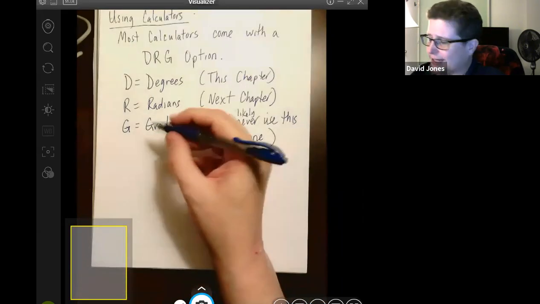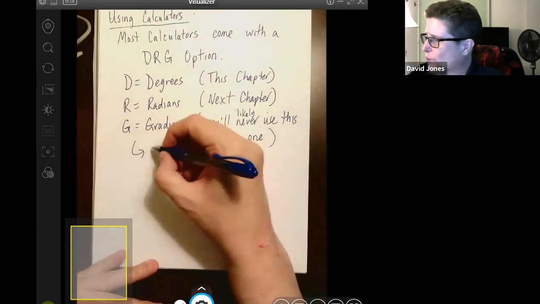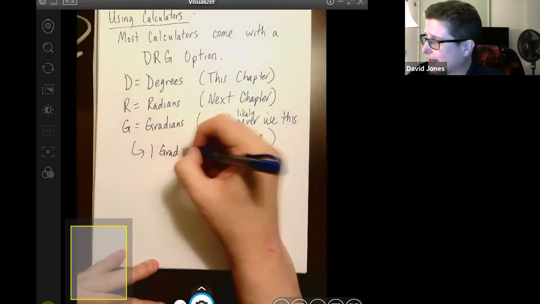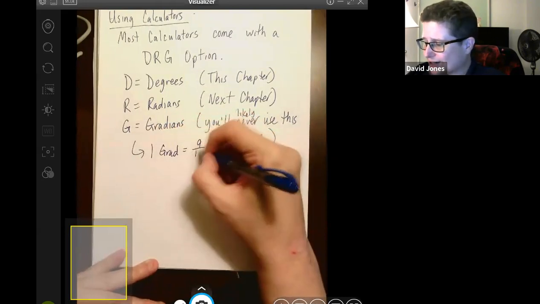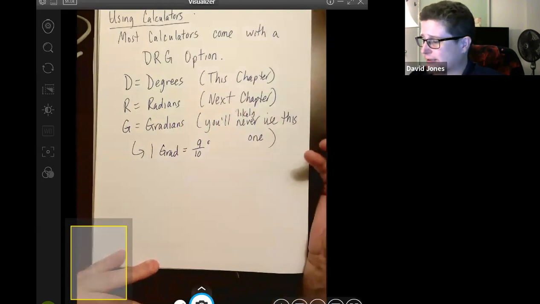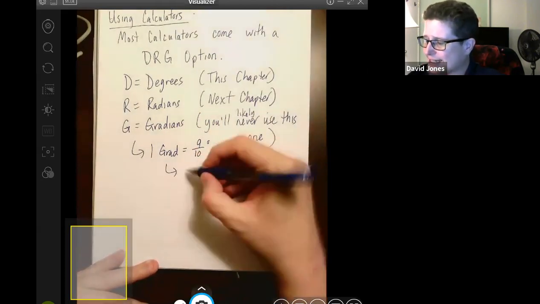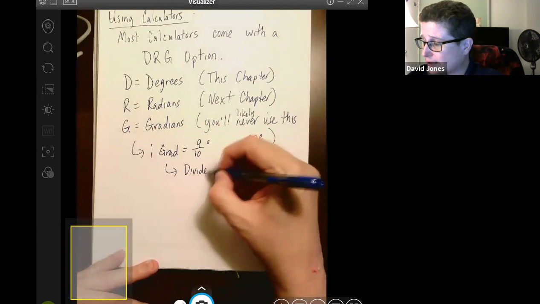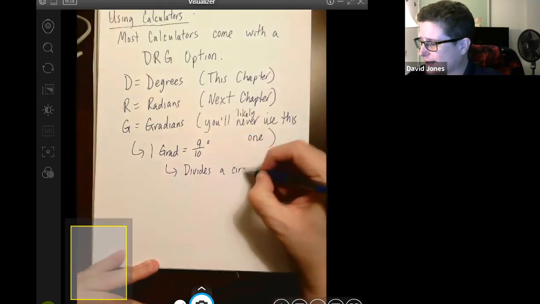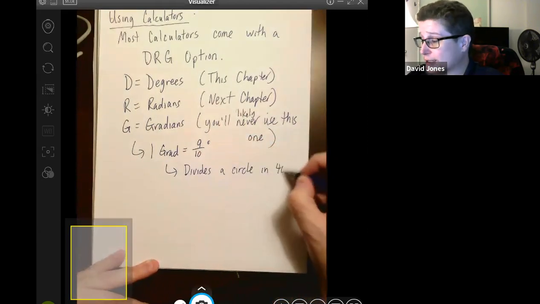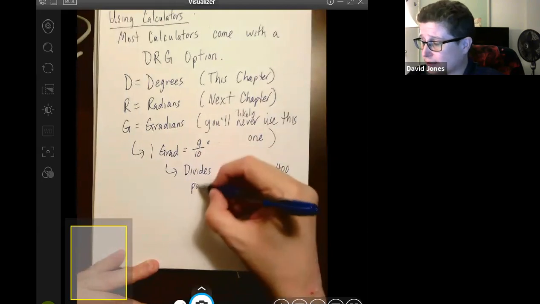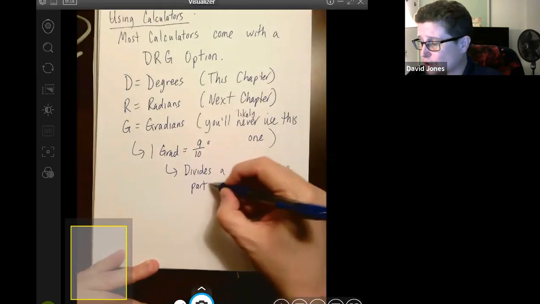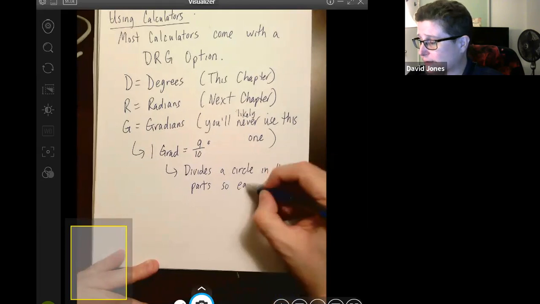The idea of it is, just so you know, one grad is 9/10 of a degree. What this does is it divides a circle into 400 parts. So each quadrant is 100.